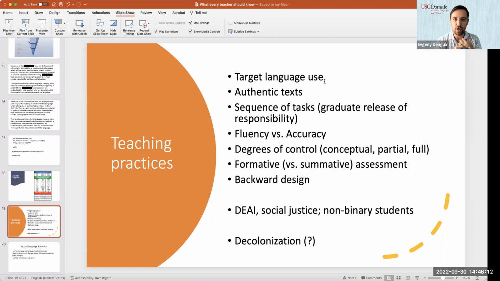Degrees of control is sort of related to what we've been talking about, but again, it's a useful reminder.